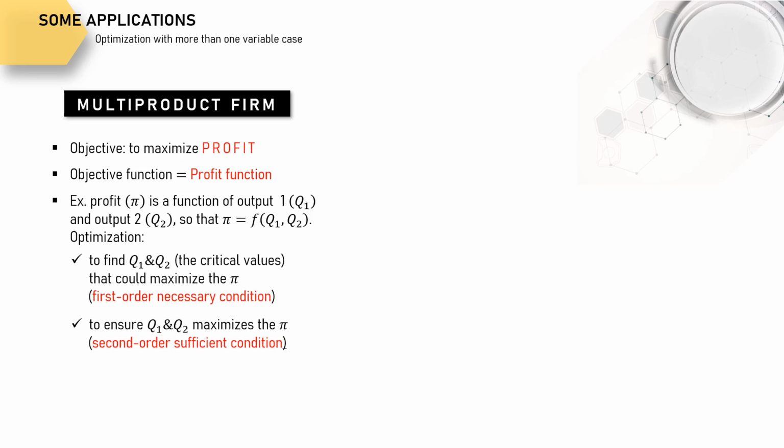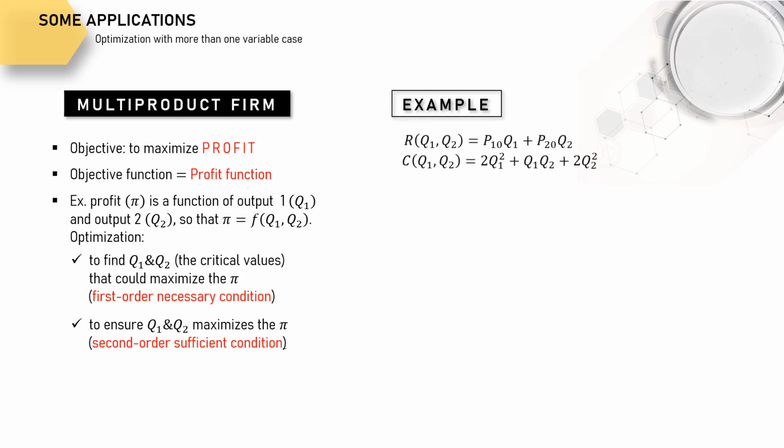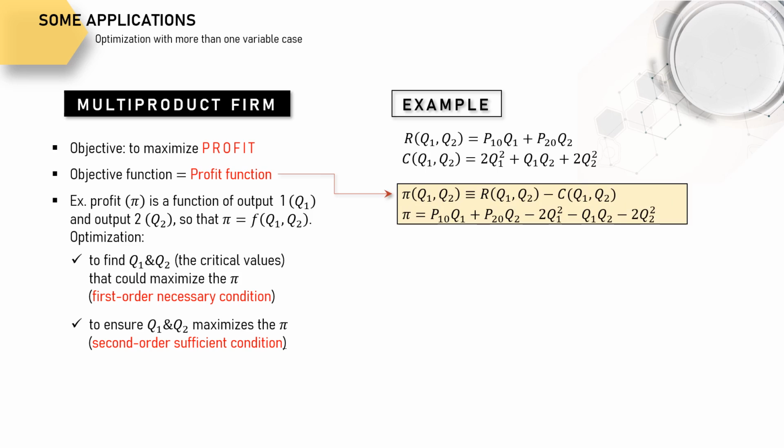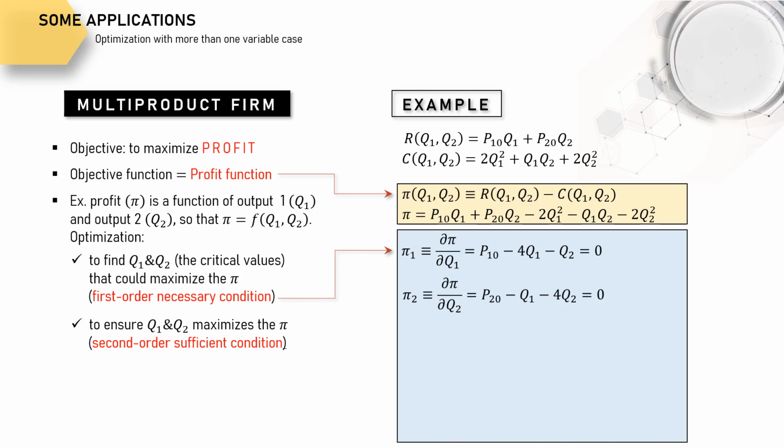Now let's take a look at the example. We have the following revenue and cost functions. Outputs are variable while prices P10 and P20 are given, thus constants. The objective function becomes like this. It's a two-variable case of optimization since our objective P has two choice variables, namely Q1 and Q2. The first order condition requires us to equalize all the first partial derivatives of the objective function to 0.